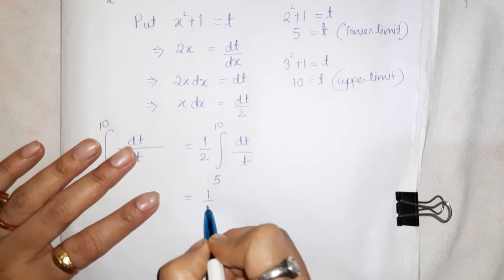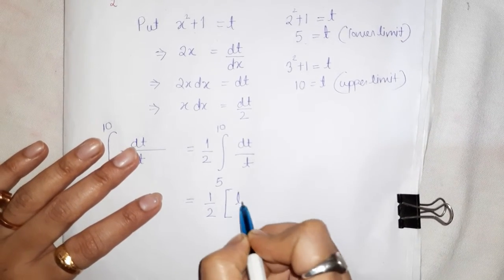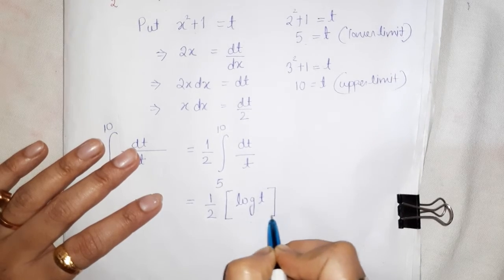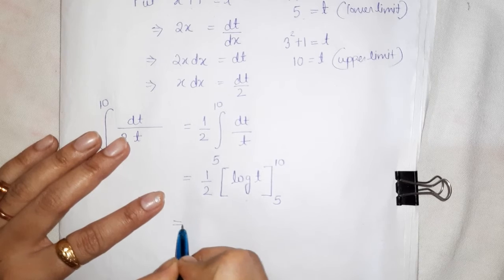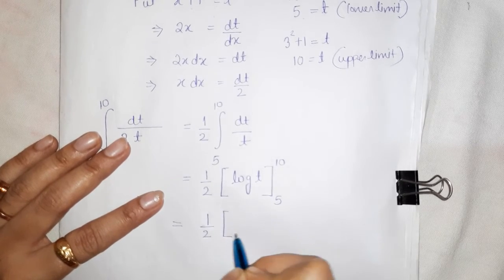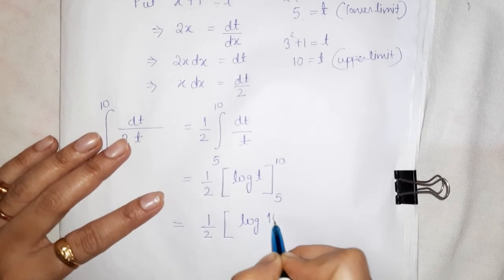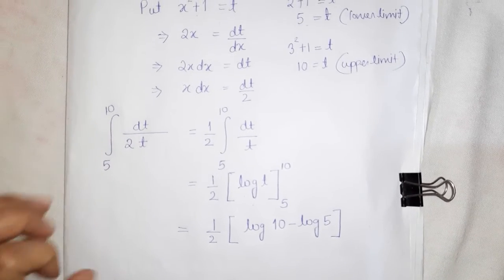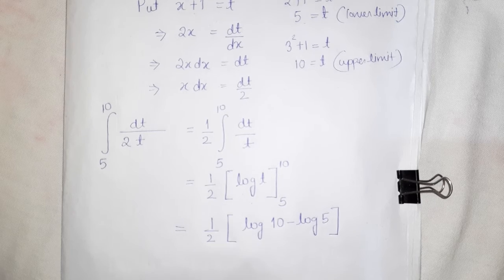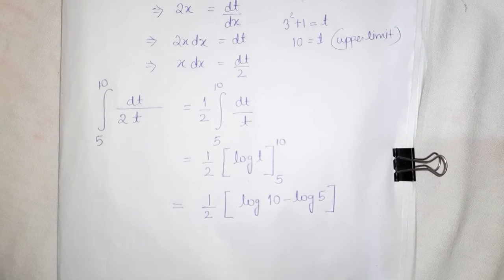So we write half log t from 5 to 10, and we get half of log 10 minus log 5. This is the value of the integral.